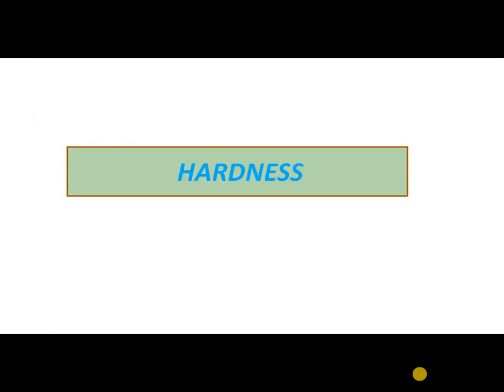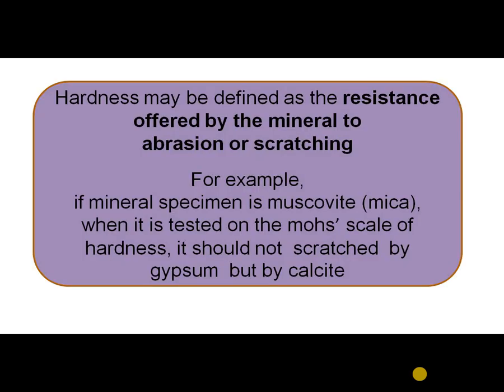Coming to another property, hardness. What is meant by hardness? Hardness may be defined as the resistance offered by the mineral to abrasion or scratching. For example, if a mineral specimen is considered as muscovite, when it is tested on the Mohs scale of hardness, it should not be scratched by gypsum or by calcite.